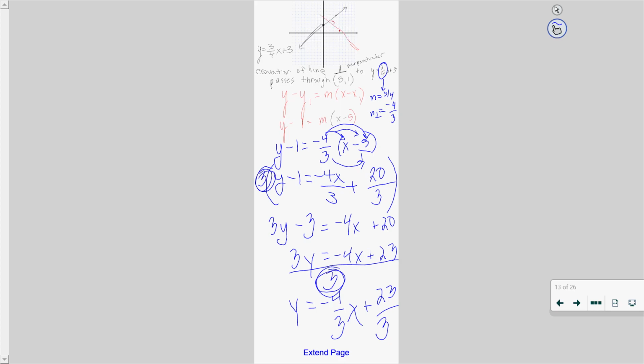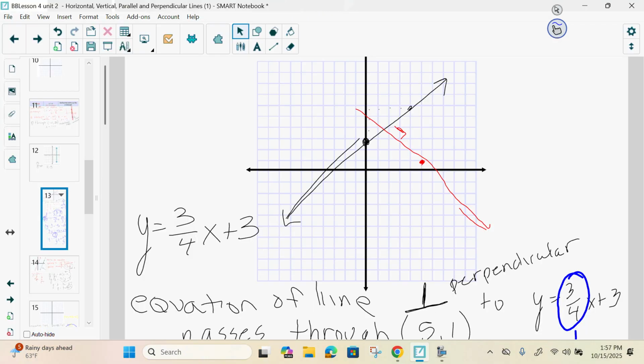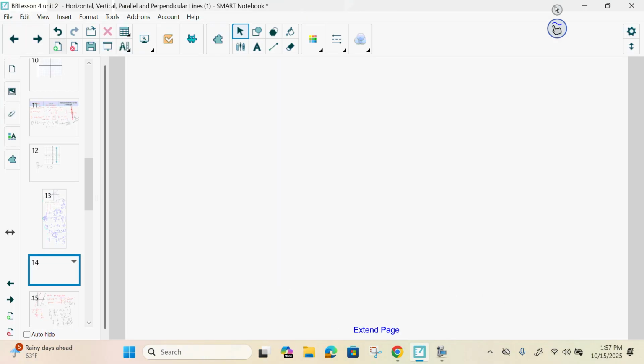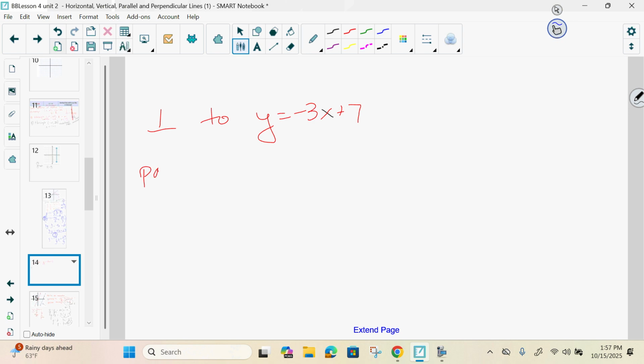And I'm recording this just so I'm going to write this one on the smart board too. Just get you guys set up. Right, so what do we have? Perpendicular to y equals negative 3x plus 7 and passes through 8, 0. So y minus y1 and x minus x1.